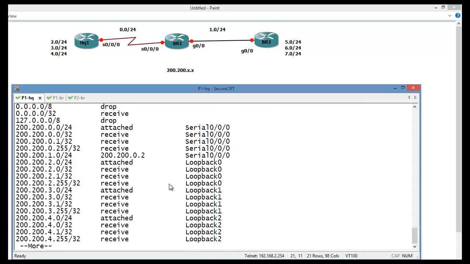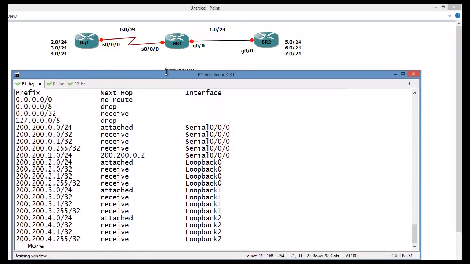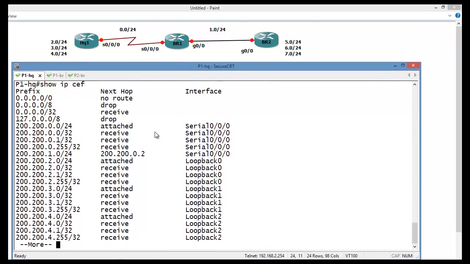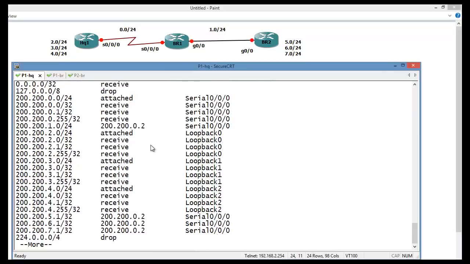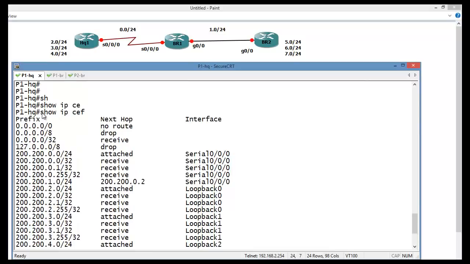show ip cef, and then let me make it a little bit larger to show all these things. There we go. So we can see the prefix 0.0.0.0/0, no route exists, meaning default route.